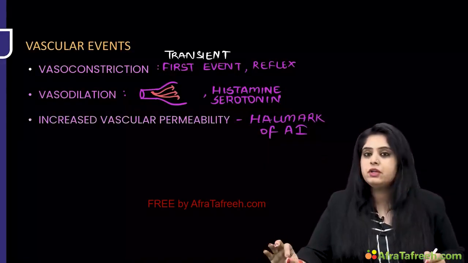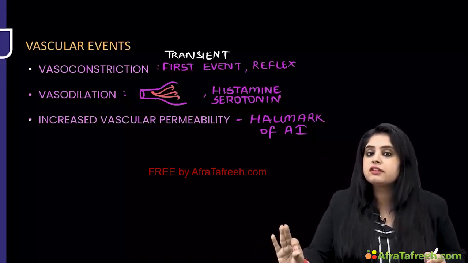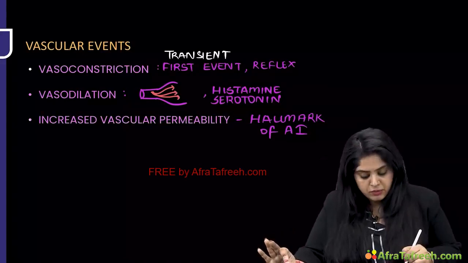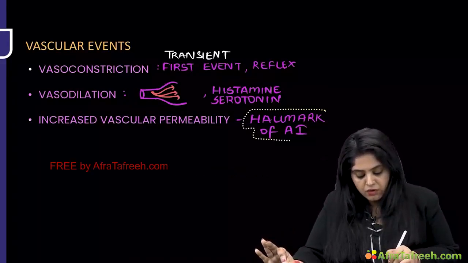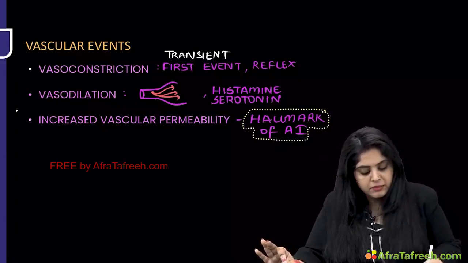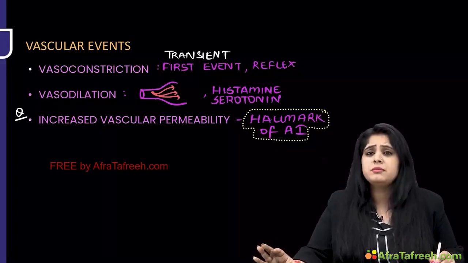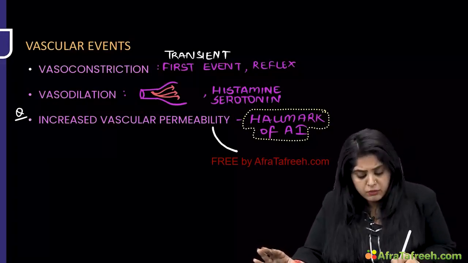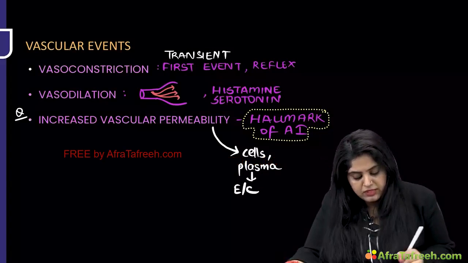Guys, I'm going to elaborate on this in exactly a minute, but just learn it, mug it up, ratta. Increased vascular permeability is said to be the hallmark event of inflammation. It is the hallmark of acute inflammation. That is a previous year question that you'll have. Permeability means what? All the fluid will move out. Means the cells, the plasma, all of it is going to move out extracellularly.